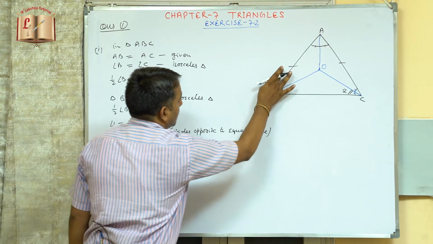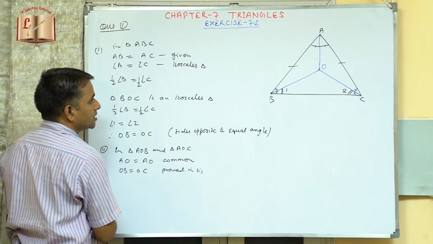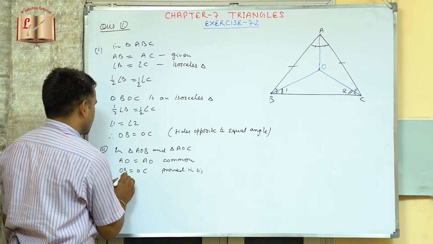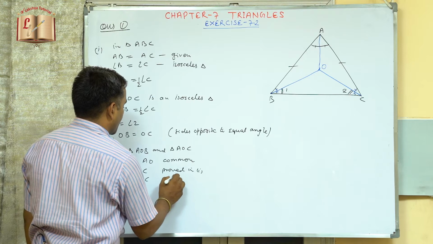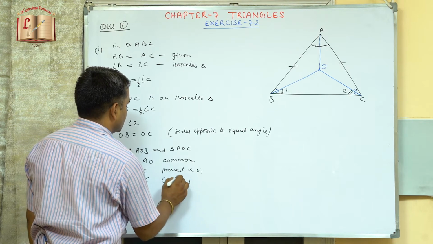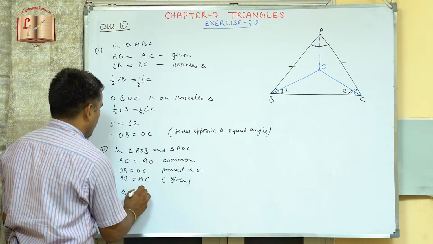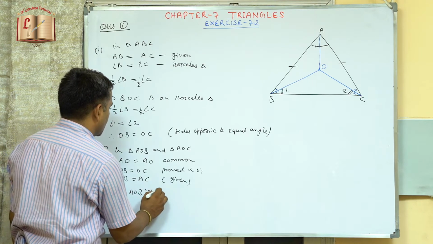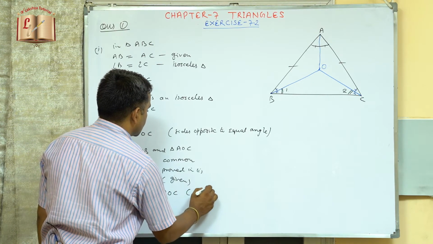And this side AB is equals to AC, this is given, that triangle ABC is an isosceles triangle. So I can write AB is equals to AC because this is given to us. Therefore triangle AOB is congruent to triangle AOC by SSS congruency.